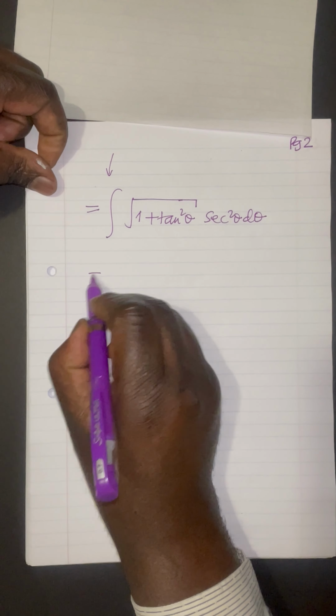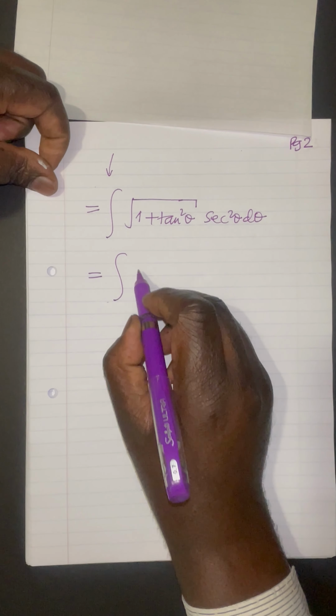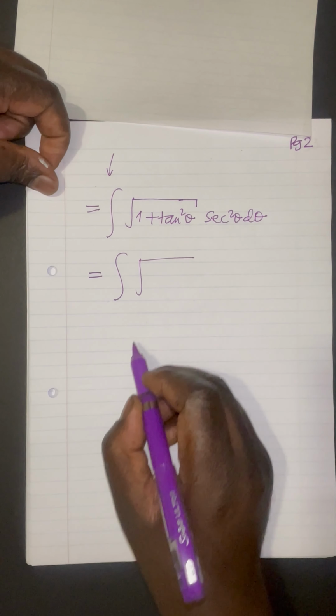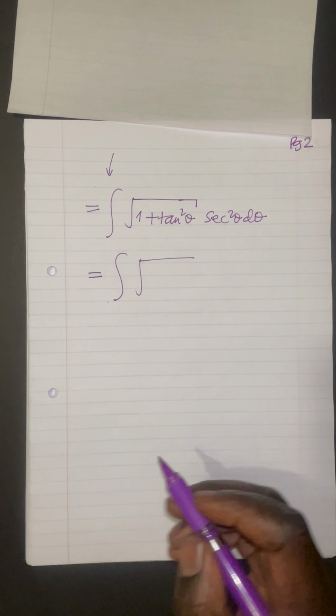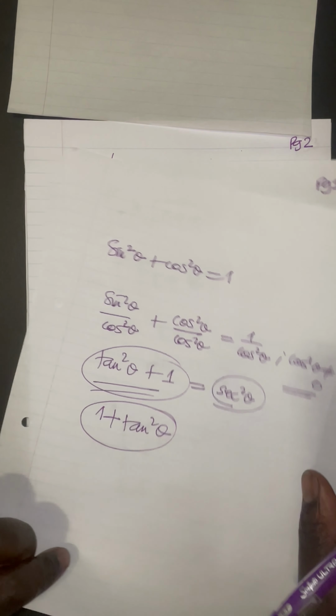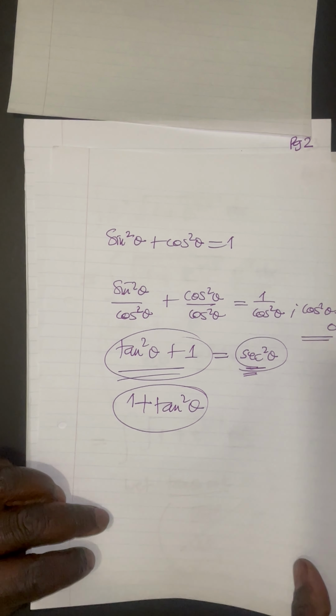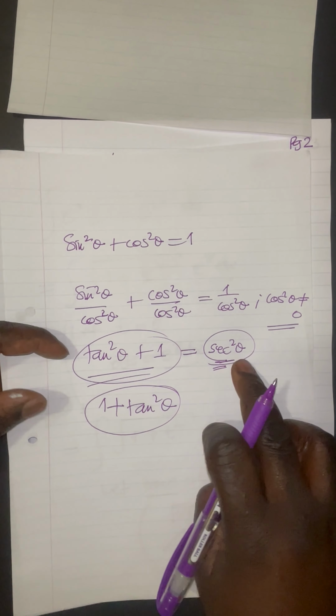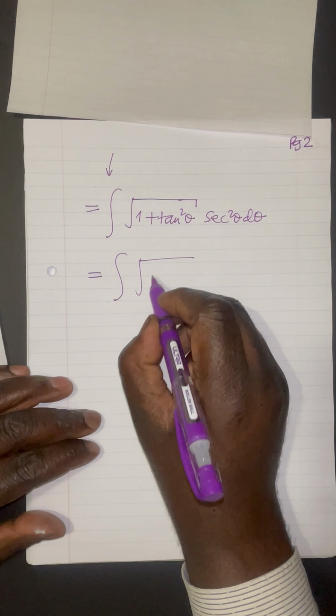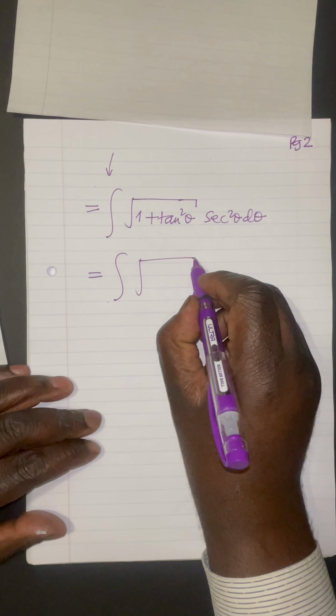Now notice something here. This is the integral of the square root of 1 plus tan squared. Well, from here you can see that 1 plus tan squared is actually sec squared. So now I'm going to replace 1 plus tan squared by sec squared in this integral.